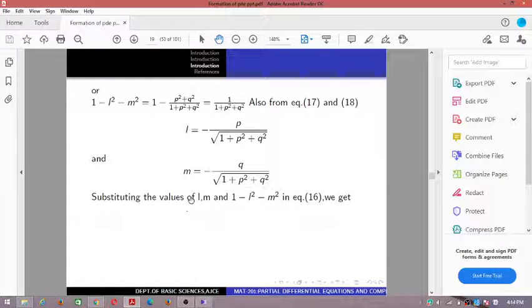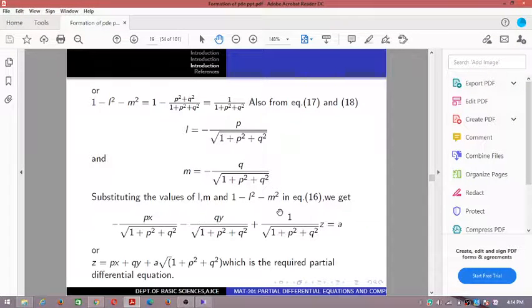Substituting the values of L and M in equation 16, we get minus px divided by square root of (1 plus p square plus q square) minus qy divided by square root of (1 plus p square plus q square) plus 1 divided by square root of (1 plus p square plus q square) into z is equal to a.